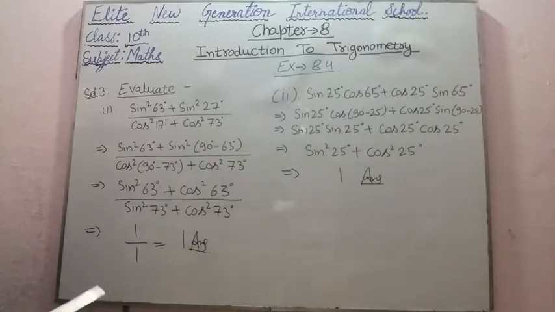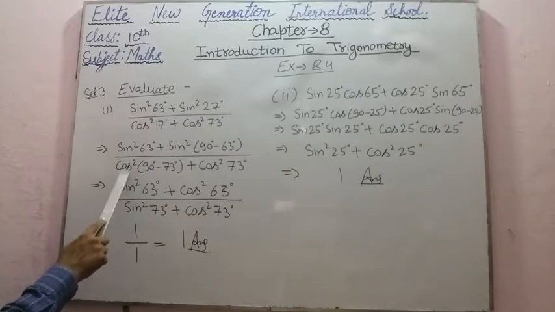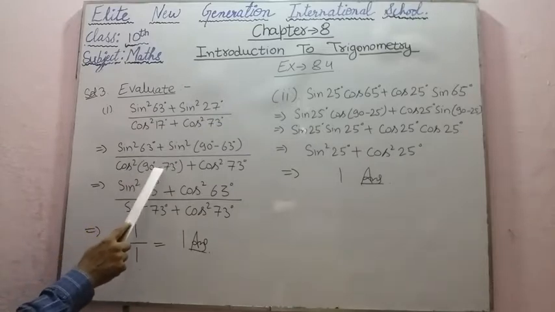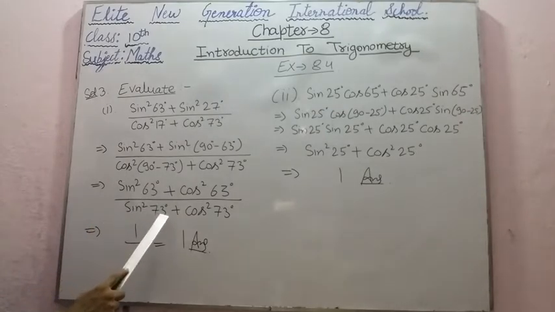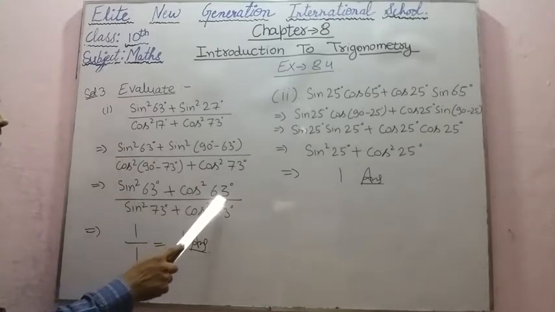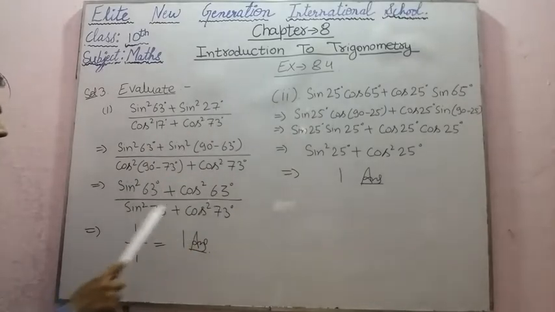And cos 90 minus A will be sin A, so cos square 90 minus 73 will become sin square 73 degree, plus cos square 73. Here by using the formula sin square A plus cos square A equals 1, it will become 1.